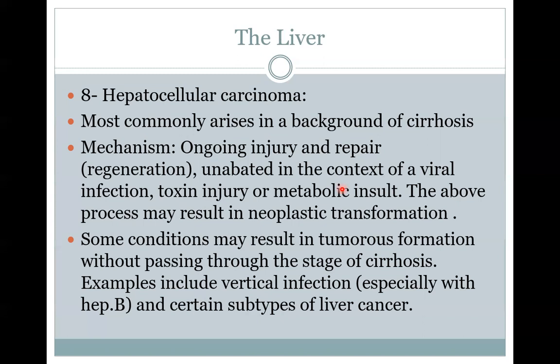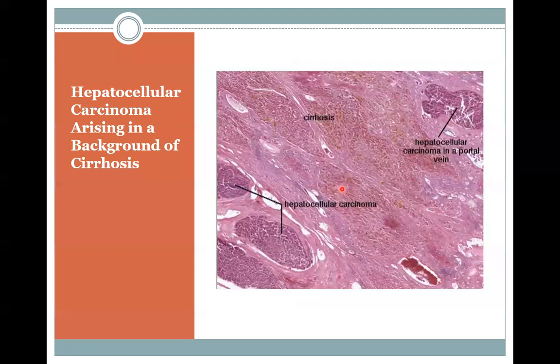As a result of the fact that it's a vertical transmission, the newborn did not really develop all the immune mechanisms that are going to allow them to establish inflammation and fibrosis, and then eventually cirrhosis. But the virus itself will find its way into the liver cell, and that's how the liver cell becomes transformed, giving rise to hepatocellular carcinoma in the absence of cirrhosis.